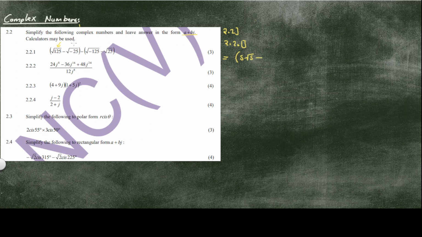Okay, what about the square root of negative 25? What I know is that you need to have a negative one times 25.